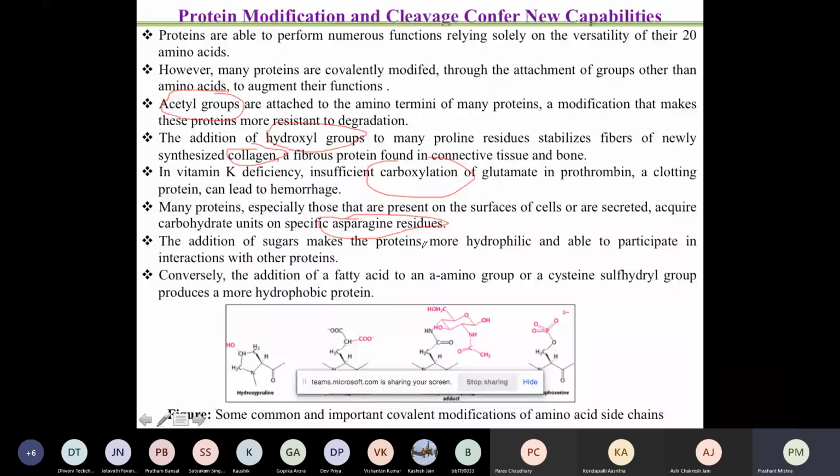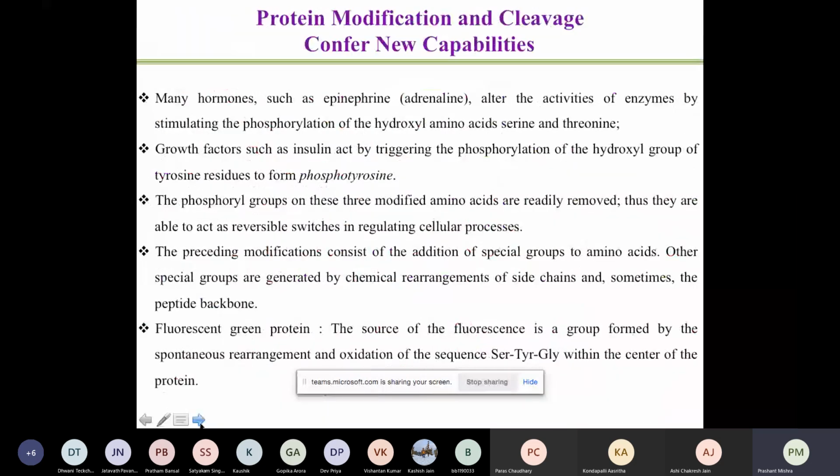So if I modify a protein with a carbohydrate, that will give you more hydrophilicity. In the same way, if I add a fatty acid, at the cysteine sulfhydryl group, it produces a more hydrophobic protein. So you can take a protein, modify it, and give it a more hydrophilic or hydrophobic structure.